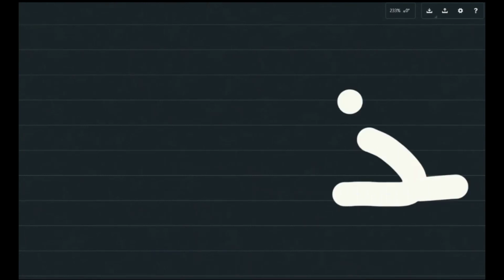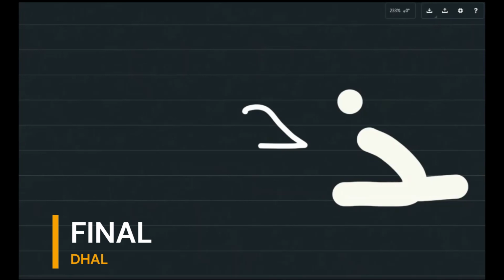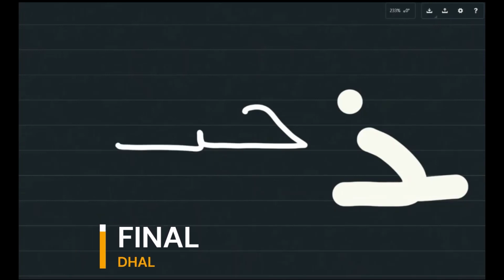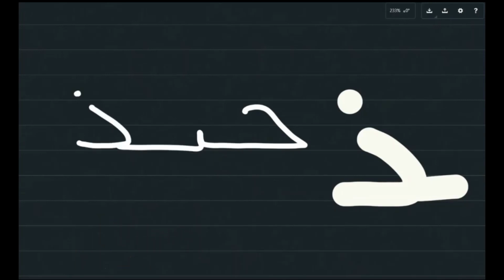Dal in the final form. Beginning, middle, and final form.